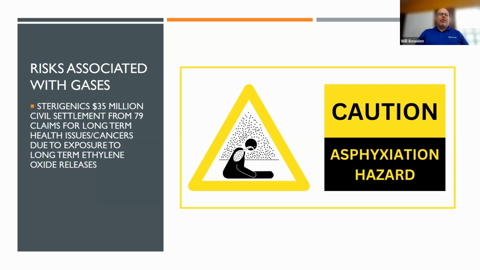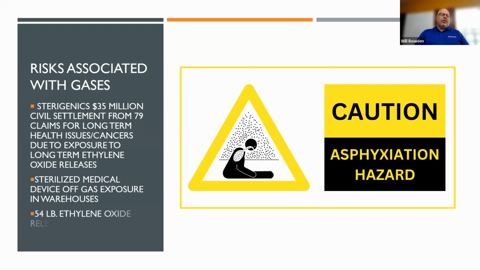This facility has been there for decades and surrounded by neighborhoods. And over time, many unique cancer clusters were found in the area and attributed to exposure to ETO from Sterigenics emissions.